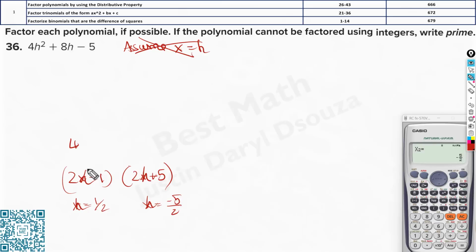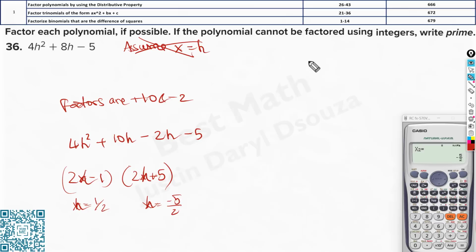You don't need that. So here it'll be 2h times 2h, it's 4h squared. 2h times 5 would be 10h minus 2h minus 5. Now factors are 10, that is positive, and minus 2.